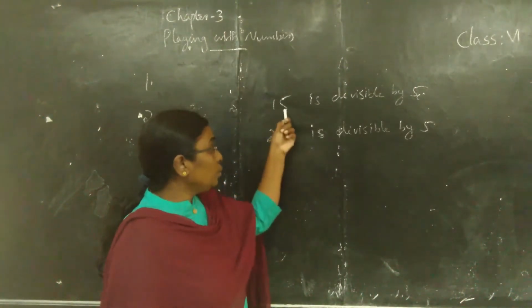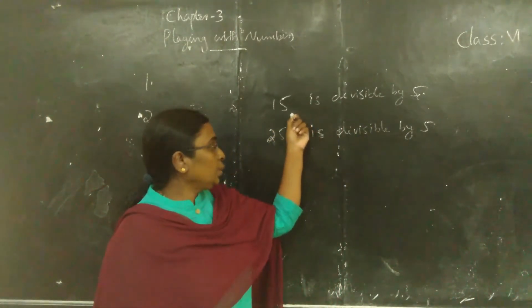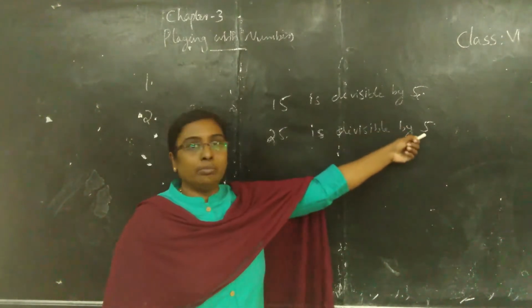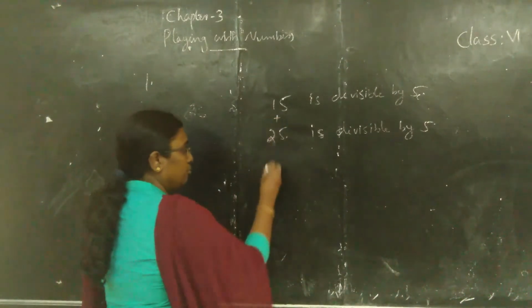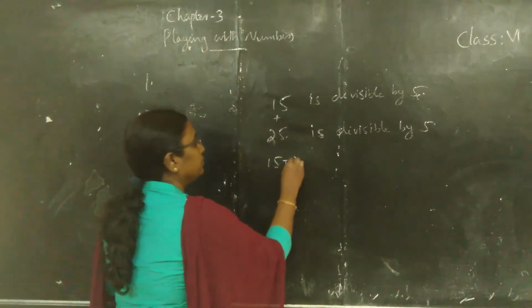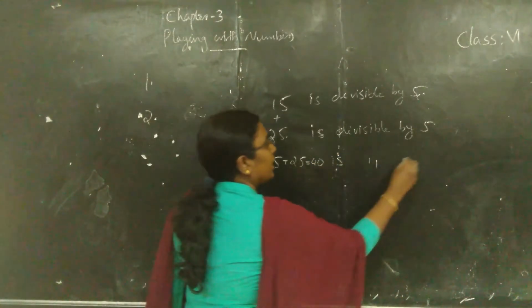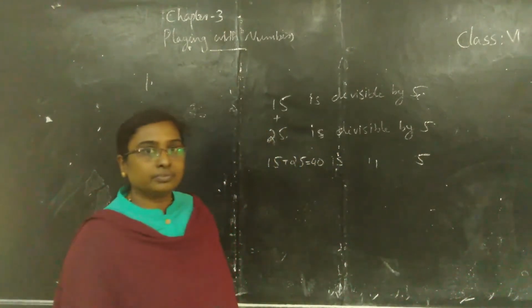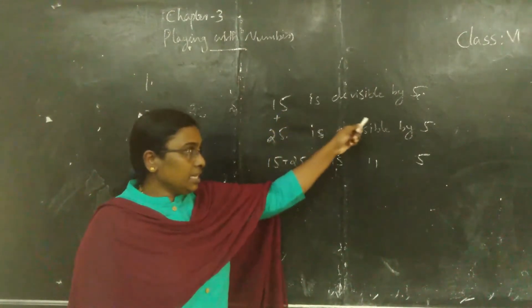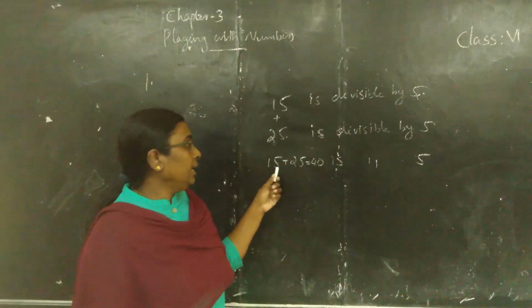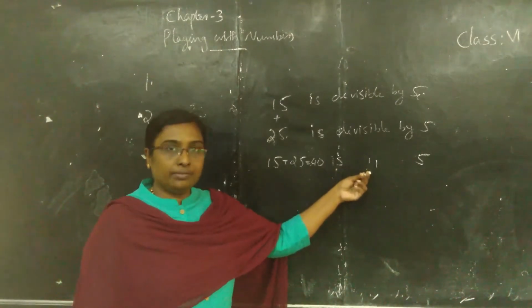That is, if two different numbers are divisible by a number, then their sum, 15 plus 25 equal to 40, is also divisible by this number. That is, if two numbers are divisible by a number, then their sum is also divisible by that number. 40 is divisible by 5.